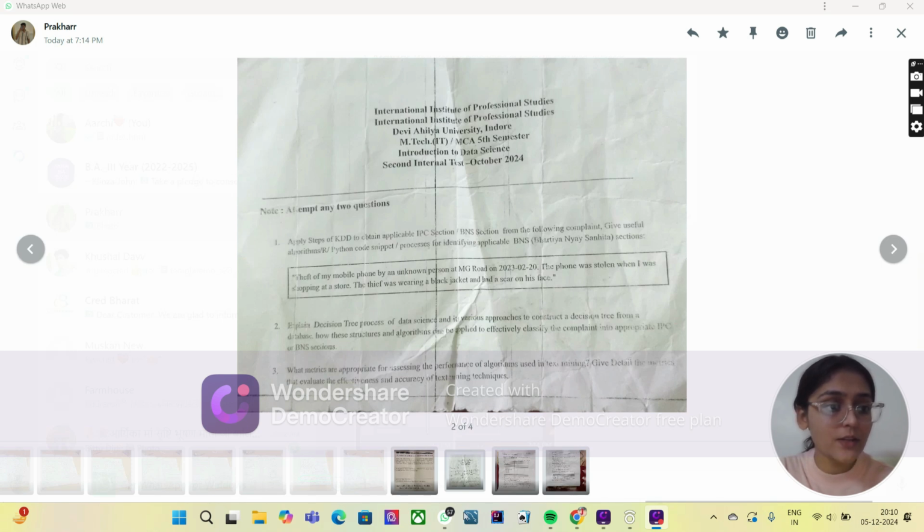C4.5, an extension of ID3, supports both classification and regression tasks and uses a more efficient splitting criterion. Random forest, an ensemble learning method that combines multiple decision trees to improve the accuracy and robustness of predictions.